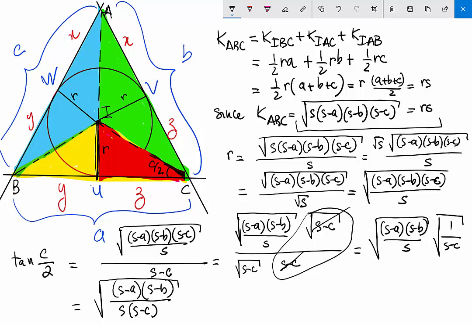And this gives us the desired result. We have in fact proved that the tangent of C over 2, if we let S be the semi-perimeter, which is half of A plus B plus C, is the square root of the quantity shown on the screen.